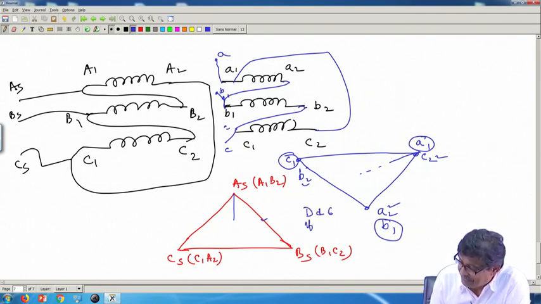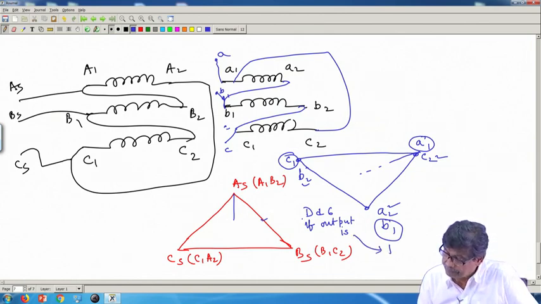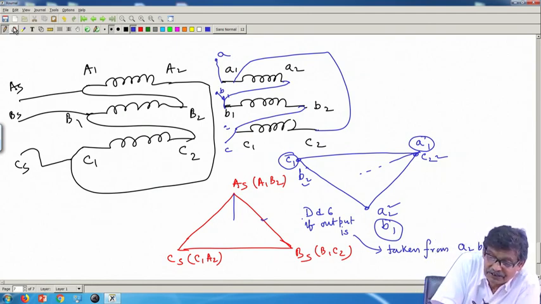If output is taken from A2, B2, C2 instead of this one.